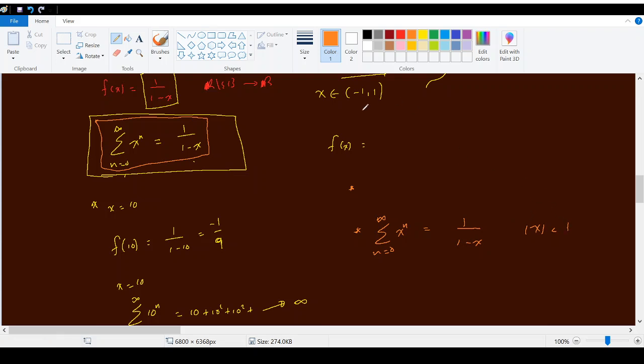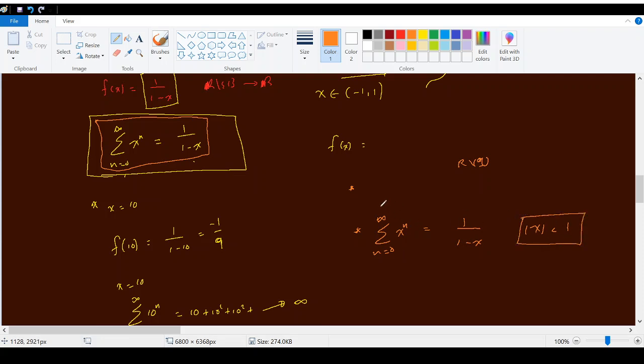So now remember, what do we mean by the domain of a function? That is the feasible values for the given function. Now for this function, if you consider this as a function, the domain of that function will be all the real numbers except 1. But if you consider this series, the domain of this series will be this value.